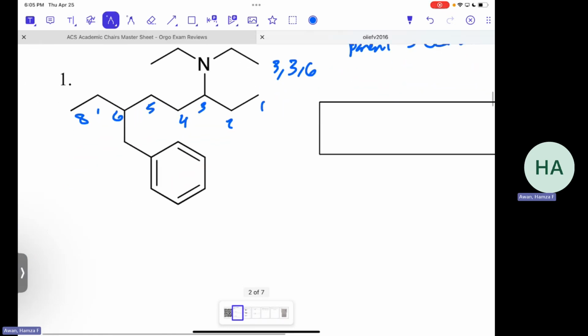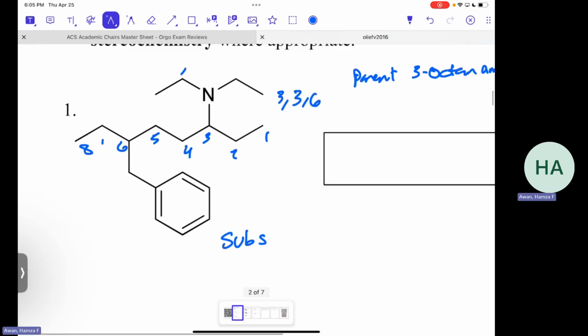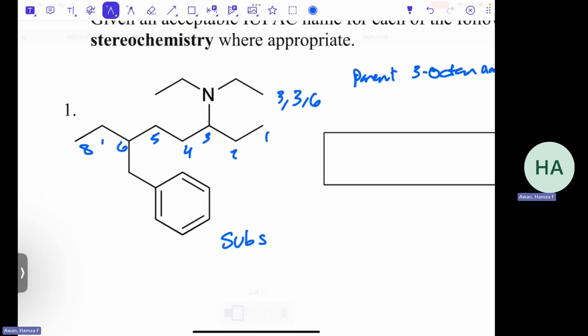So now we can go into subs. For our subs, we have 3 subs. We have 2 ethyl groups off of this N, and then we have this benzene ring connected to a CH2. So remember, whenever we have a benzene ring connected to a CH2, this is going to be called a benzyl as the substituent. Whenever we just have the straight benzene ring like this, this would be called a phenyl.